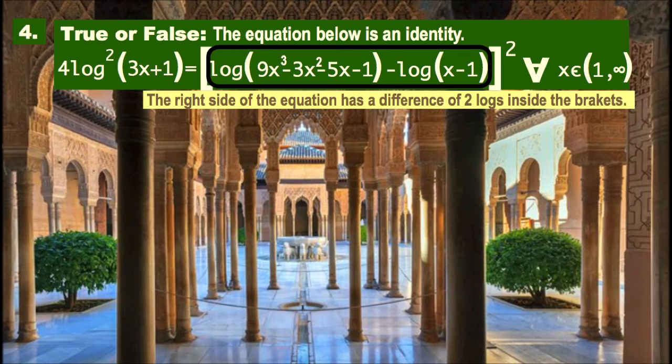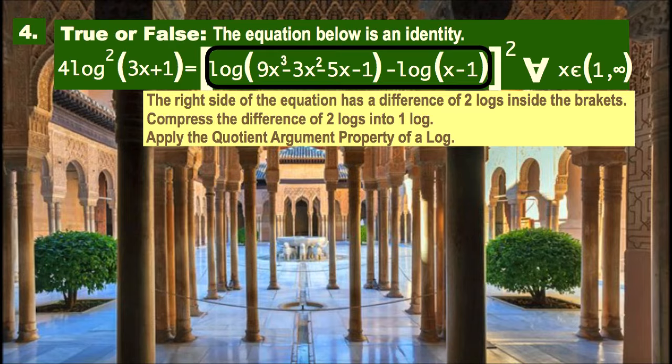The right side of this equation has a difference of 2 logs inside the brackets. Compress the difference of these 2 logs into 1 log by applying the quotient argument property of a log.